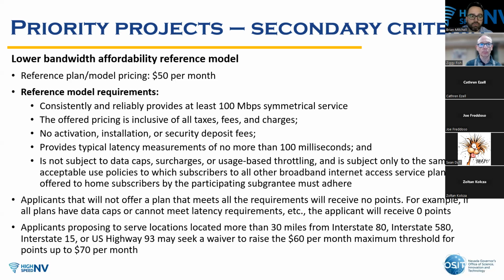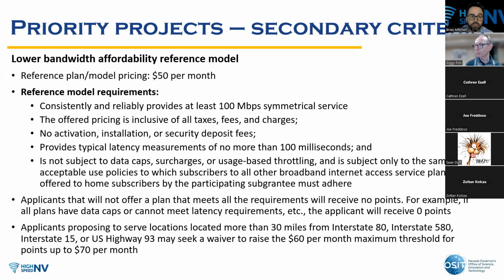But we want to ask what price you're going to charge over a 5-year period, so that we don't run into any applicants that try to game the system by saying, well, we're going to charge $1, but they're only going to charge $1 for the first month and then raise the price significantly, right? And if you would like, the price that you tell us doesn't have to be a flat price over the 5 years.